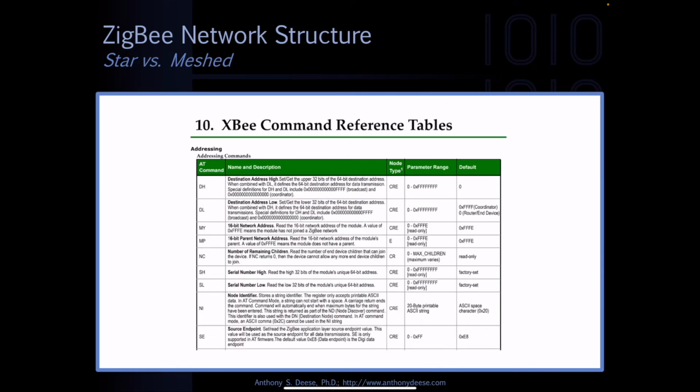Now, in the notes, you'll see there are several links to important reference tables like this documentation provided by Digi. And there are tables that essentially list out all of the important IDs that you should be concerned with, as well as the parameter range that you can work with.